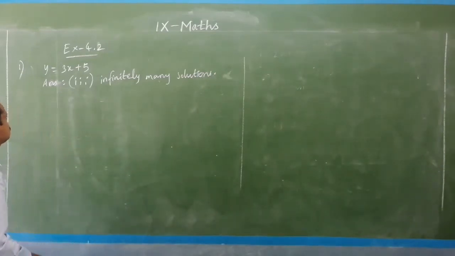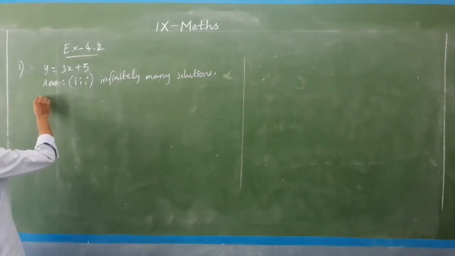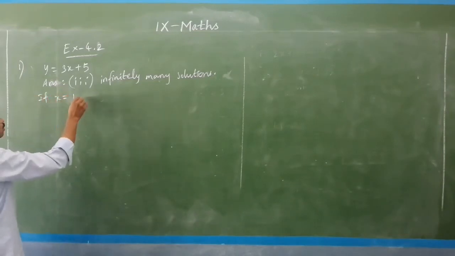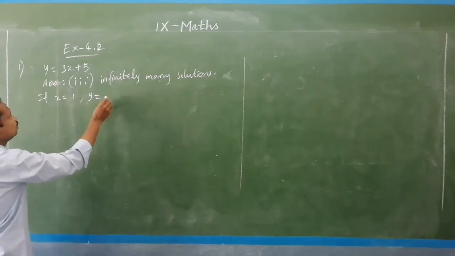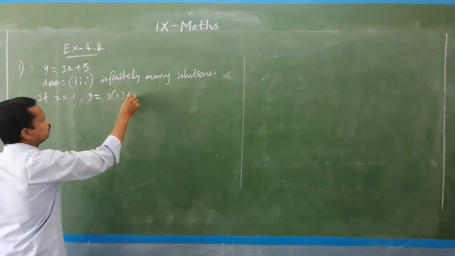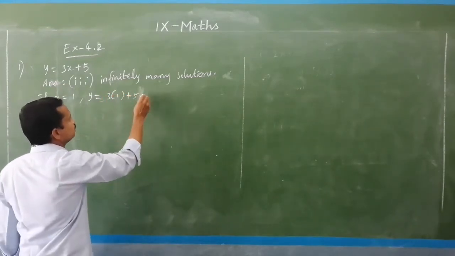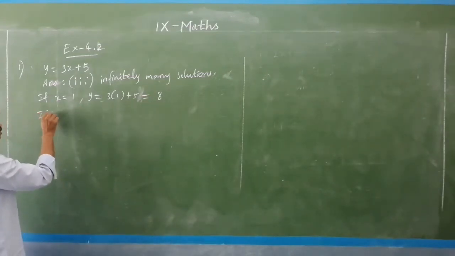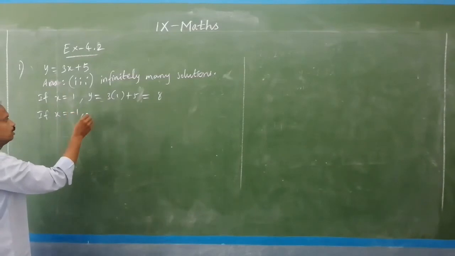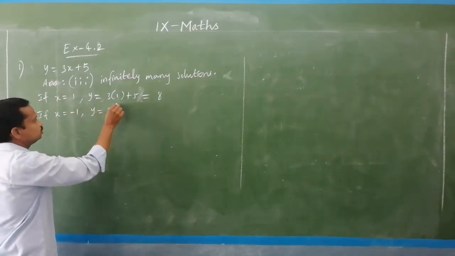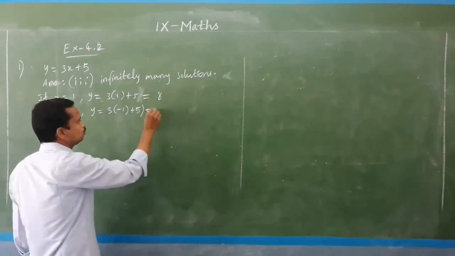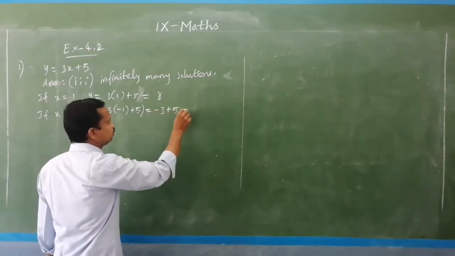Okay, because if x equal to 1, then y equal to what? 3 into 1 plus 5, we get 3 plus 5, 8. If x equal to minus 1, we get y equal to 3 into minus 1 plus 5, that is minus 3 plus 5, and you get 2.